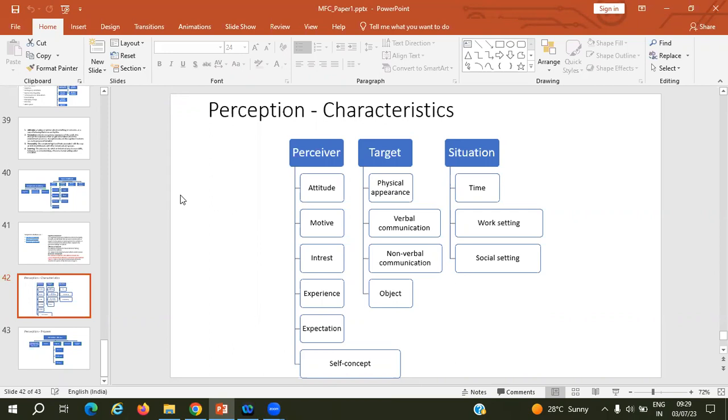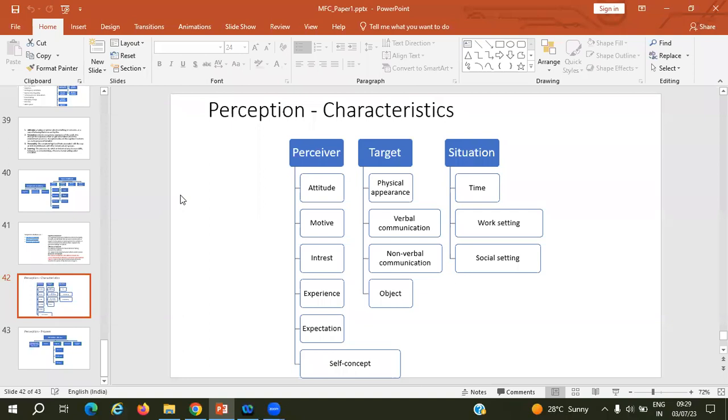Another thing is the target. Target means whatever you are looking at. In the previous example, the car was the target. To take another example, suppose I am teaching, or you are going to an interview to meet someone for a job. How a person is looking, his physical appearance, is different.